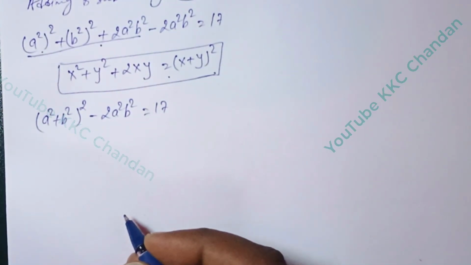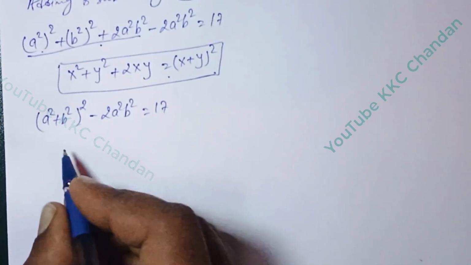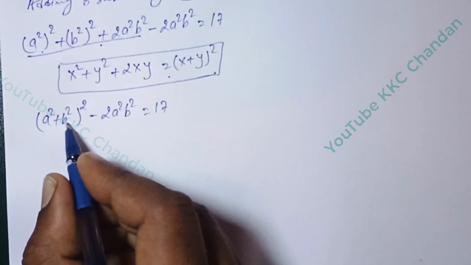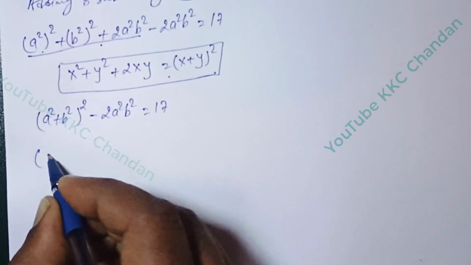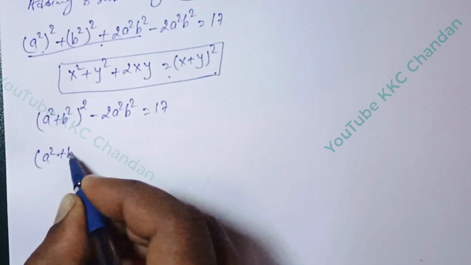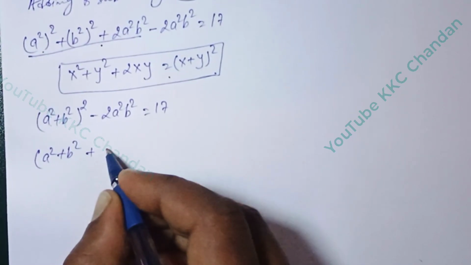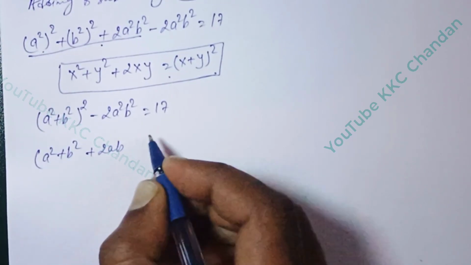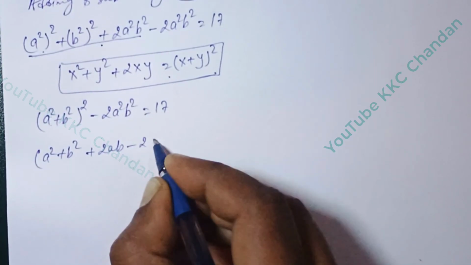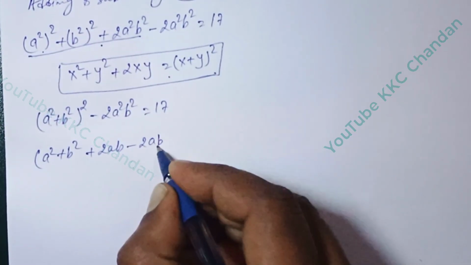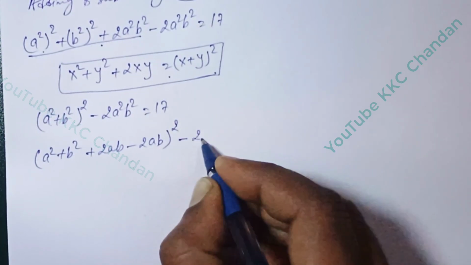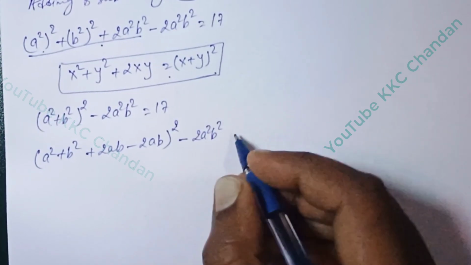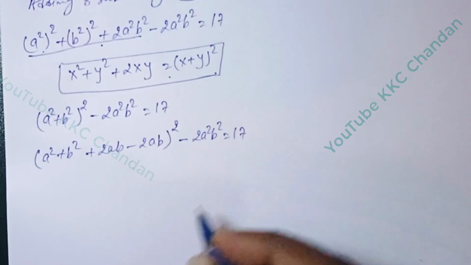After the next step, a square plus b square whole square. So apply here the formula: bracket open a square plus b square plus 2ab minus 2ab bracket close whole square minus 2a square b square is equal to 17.